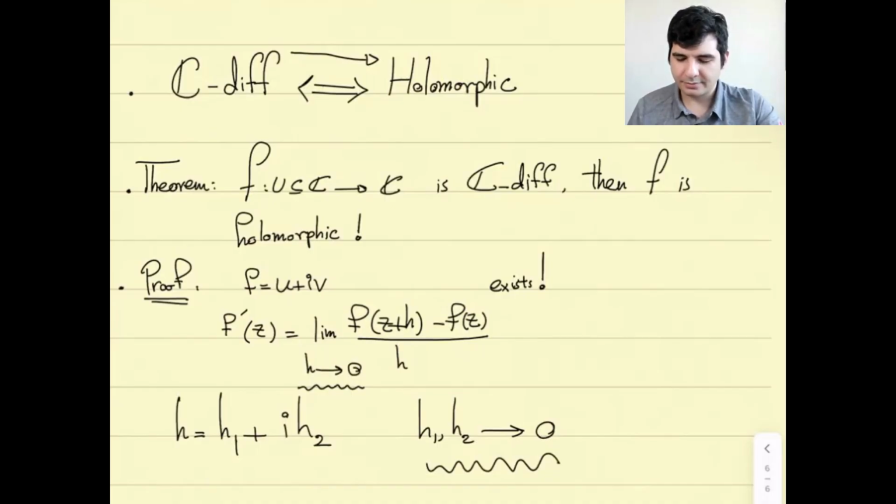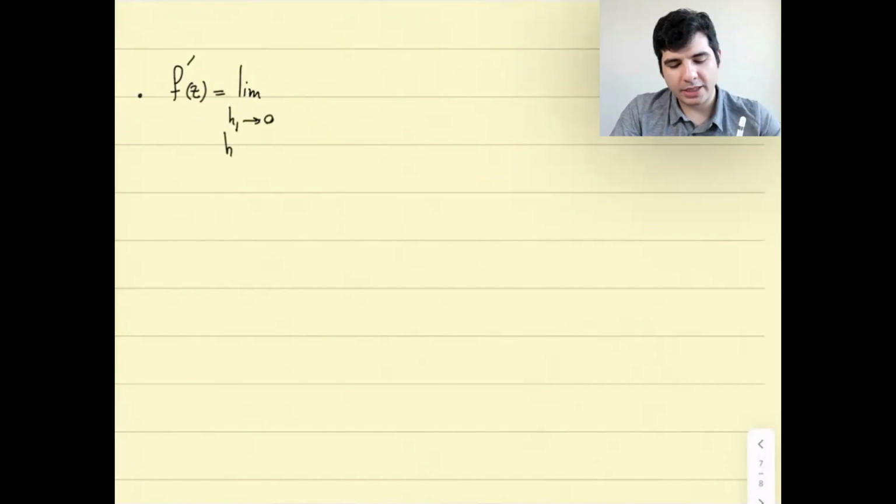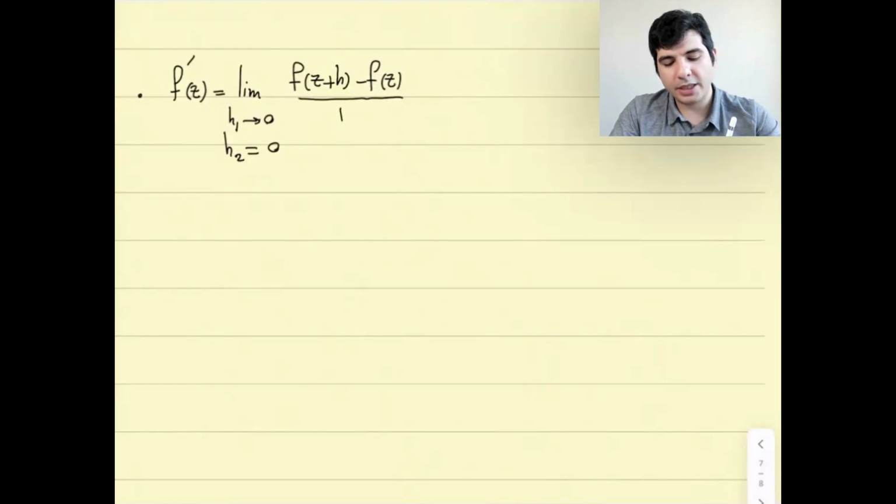Okay, great. Now let's rewrite the limit. So f prime of z exists no matter how h1 and h2 go to 0. One way that h can go to 0 is when h1 goes to 0 as a variable, but h2 is equal to 0. So this is going to 0 along the real axis, right?